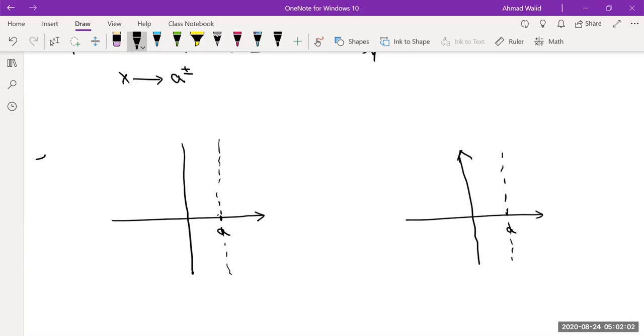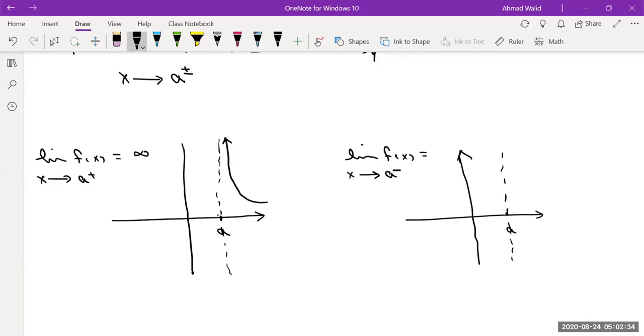And number 1, the limit of f of x as x approaching A from the right side, from this side, you can have this. Your function can approach positive infinity. Case number 2, the limit of f of x as x approaching A from the left, your function can go like this, again to positive infinity.